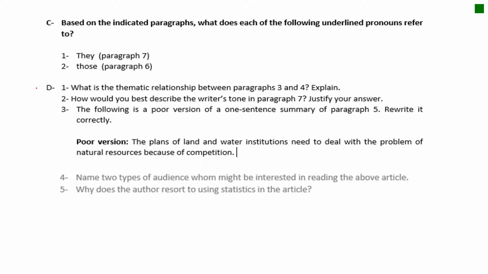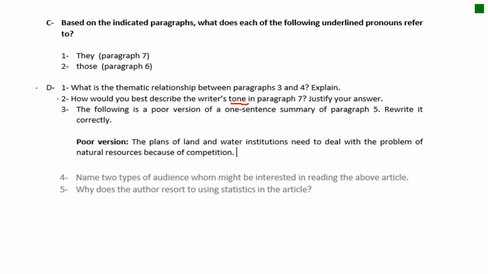Now, moving on to number 2, how would you best describe the writer's tone in paragraph 7? You go to paragraph 7. The good thing here is that it's in one paragraph, so you needn't be confused. A tone is going to be an adjective, of course. How do we know the tone of an author? The tone of an author, we can know it from the author's choice of words.